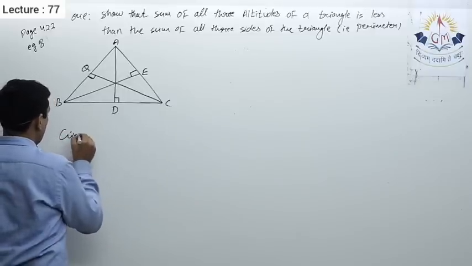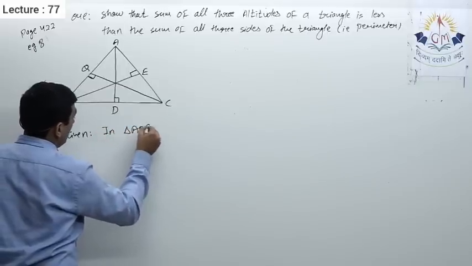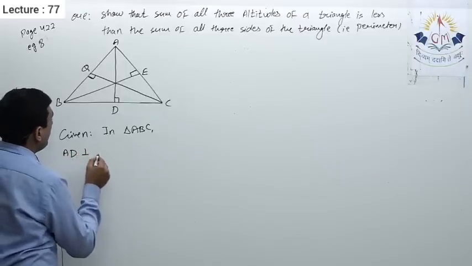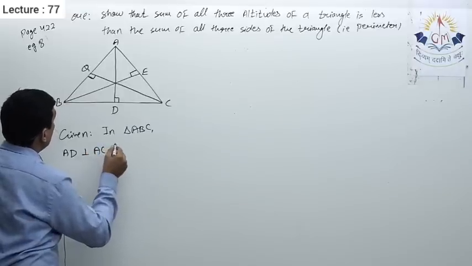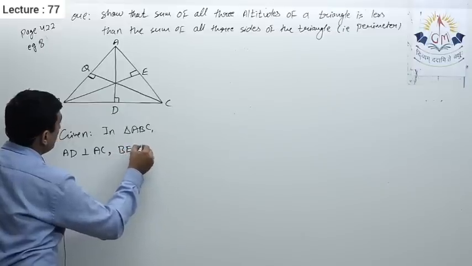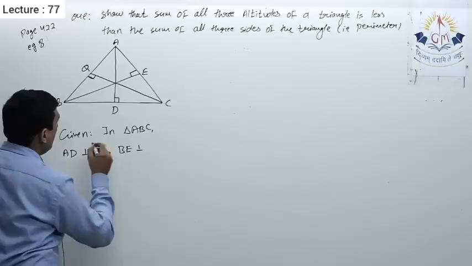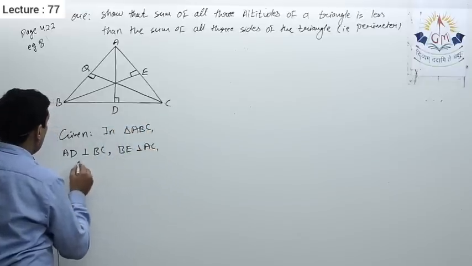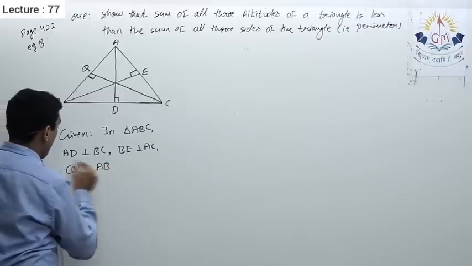So given, in triangle ABC, AD perpendicular to BC, not AC, BE perpendicular to AC, CQ perpendicular to AB.